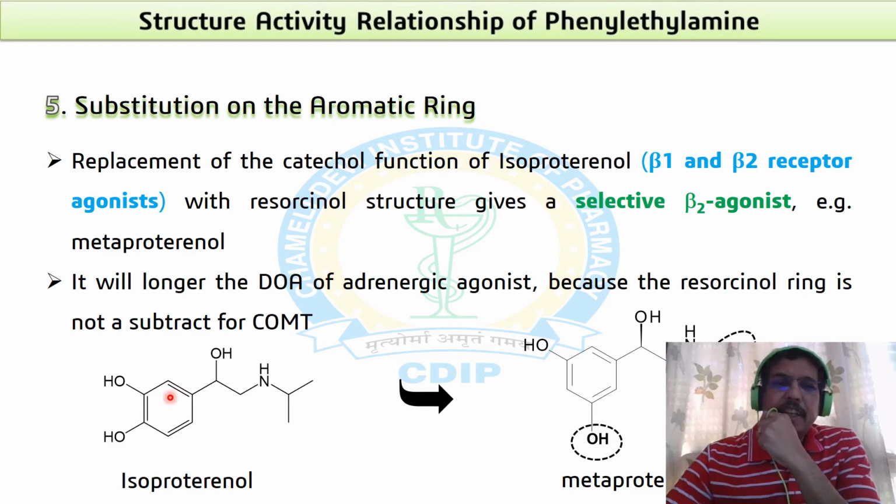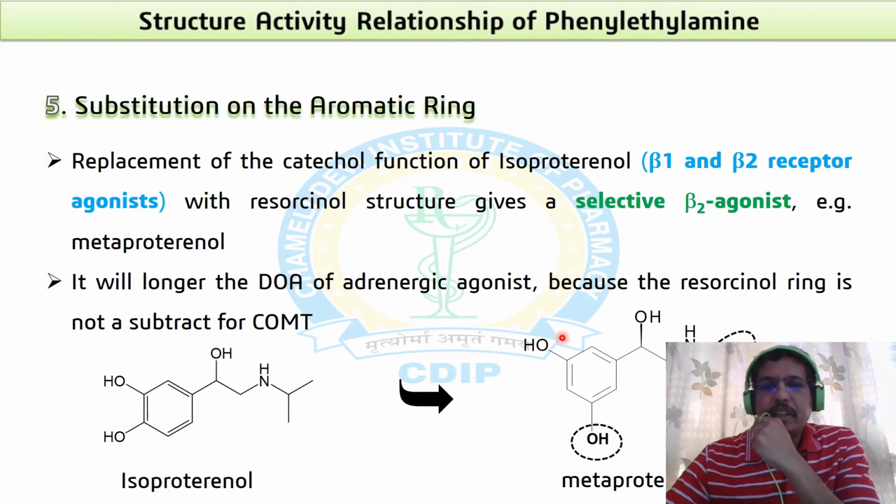The one thing is that if we replace this catechol moiety by resorcinol, in catechol the two hydroxy groups are present on adjacent carbons, but in the resorcinol ring the hydroxy groups are at the 1 and 3 positions.